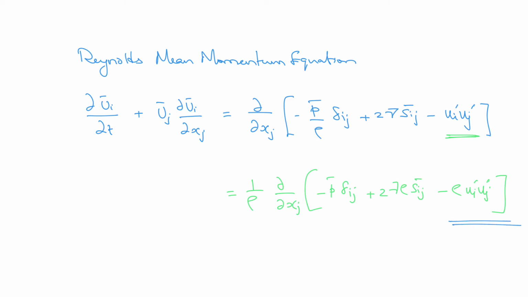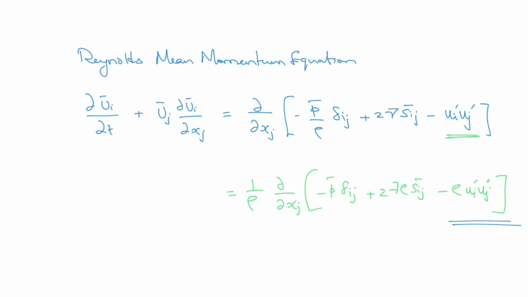I introduced this term as the shear stresses or the Reynolds stresses, which usually has a matrix format, and you have 3 diagonal components and 3 off diagonal components, usually a symmetric tensor. This is viscous stress, and this is the Reynolds stress.